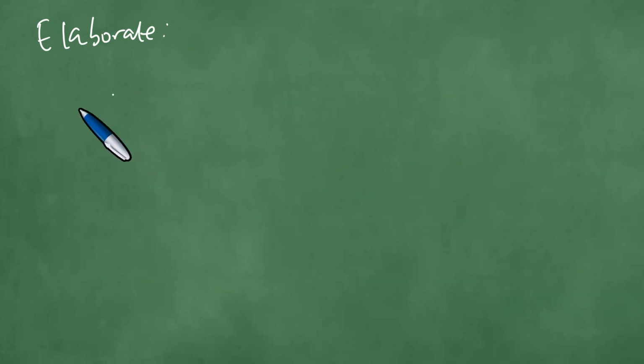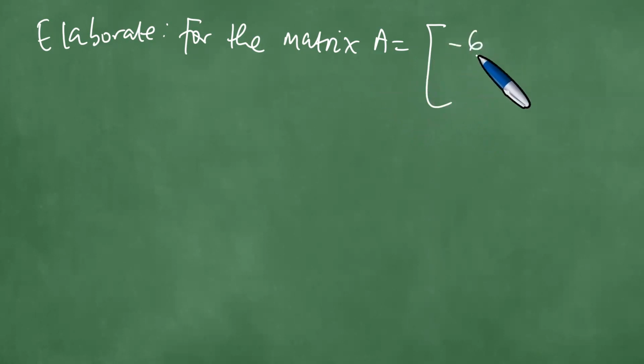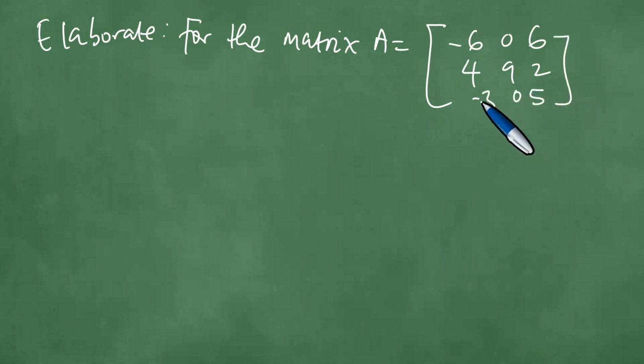For the 3 by 3 matrix: 6, 0, 6; 9, 2, ...; minus 3, 0, 5.